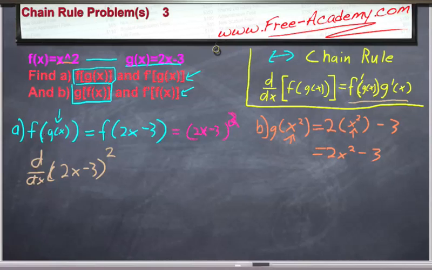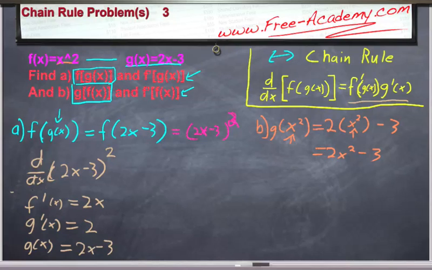First, we need to find f prime, then g prime, and we already know g, which saves us some trouble. The derivative f prime is the derivative of f of x, which equals 2x. The derivative g prime is the derivative of 2x minus 3, which equals 2. And g of x is 2x minus 3.